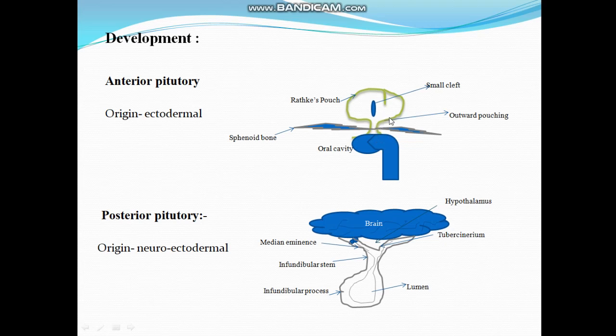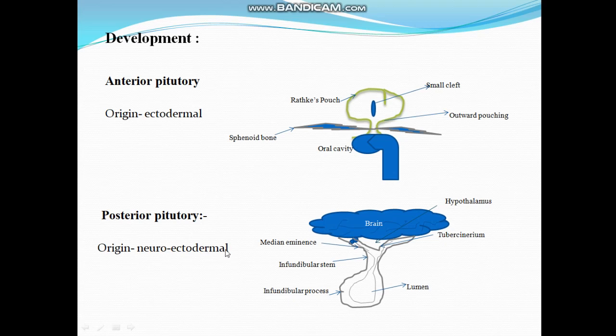This roof of the oral cavity grows outwardly and causes upward pouching, so it forms the upward pouch that is called Rathke's pouch. At maturation, the lumen of this Rathke's pouch remains intact only as a small cleft in the anterior pituitary gland. At maturation, the anterior pituitary gland gets separated from the oral cavity with the help of the sphenoid bone.